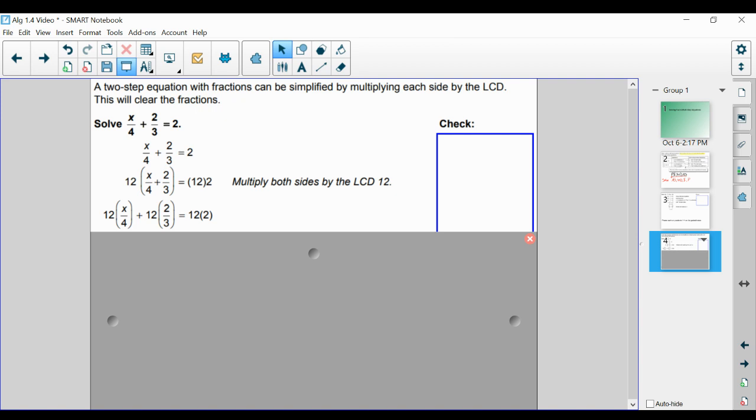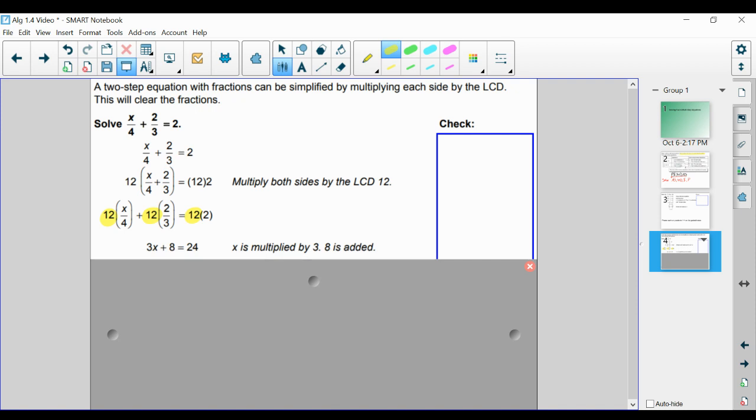Notice here how we exaggerated it out. We're essentially using the distributive property on each term on both sides of our equal sign. Notice again how we're multiplying by 12 three times because there are 3 terms in our total equation. We multiply everything by 12 and we get 3x plus 8 is equal to 24.